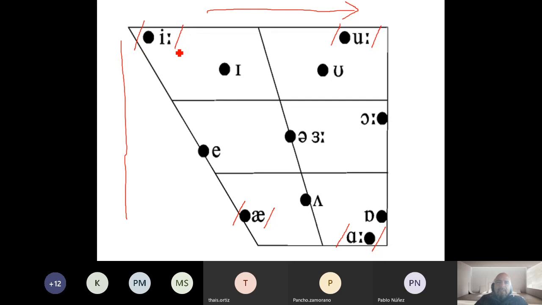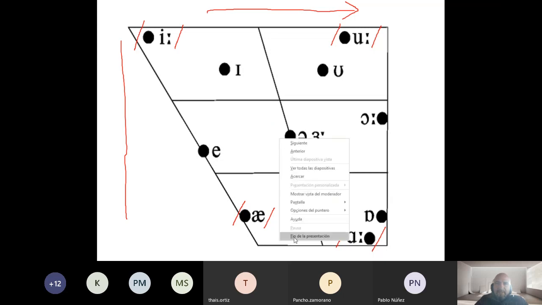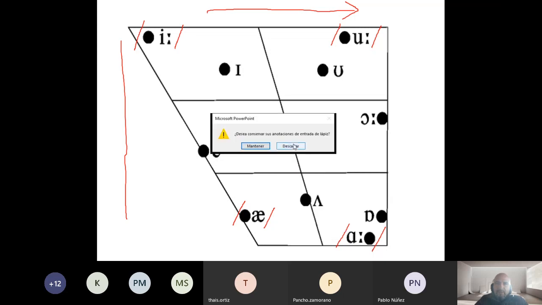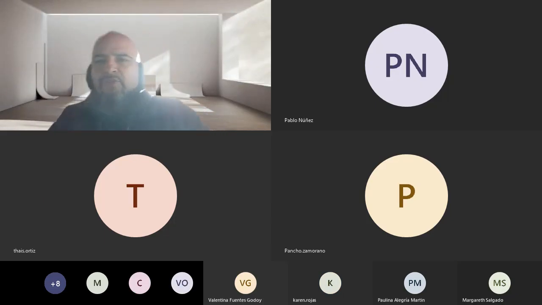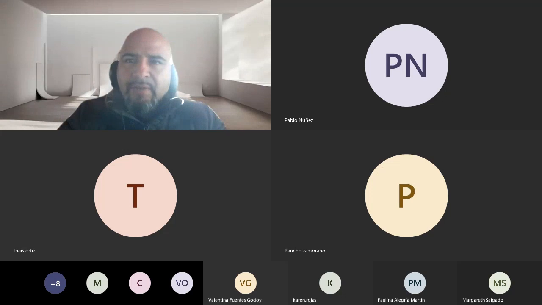Describe the vowel quality of each of these two monophthongs. Okay, and then basically you know what to use in order to describe each individual sound. Okay, that's something that I want you to work with. The comparison of two individual sounds.